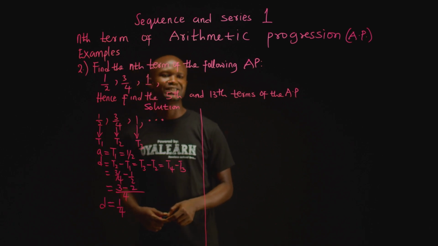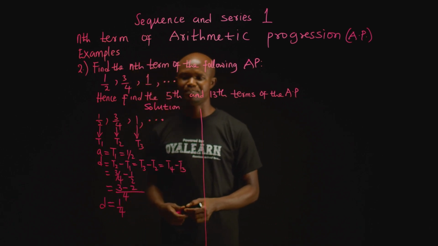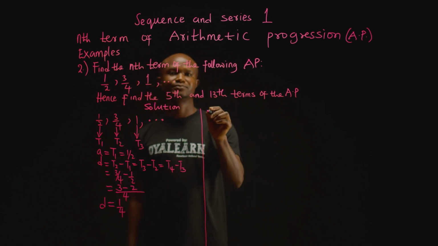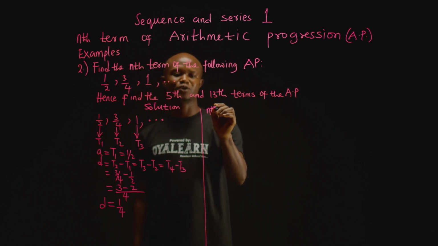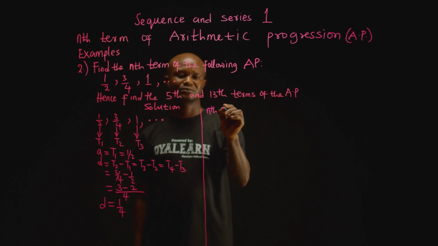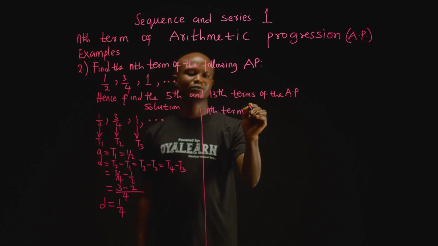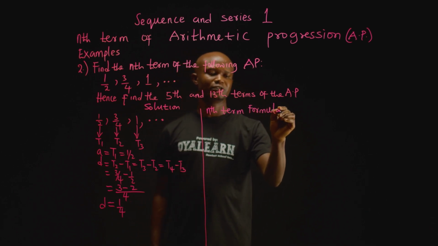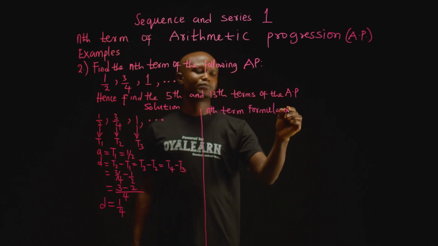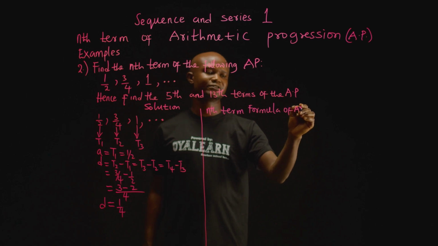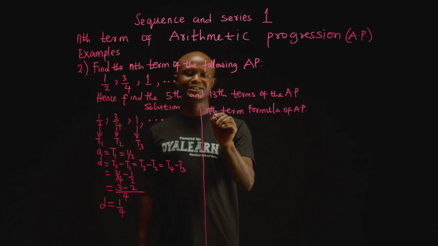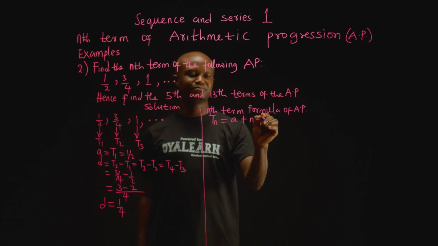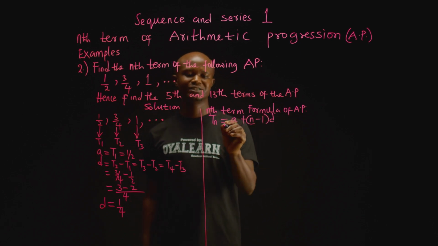Now we want to find the nth term of the AP, using the nth term formula. The nth term formula of an AP is given by Tn equals A plus (n minus 1)D.